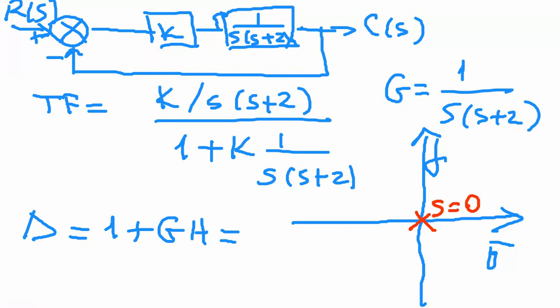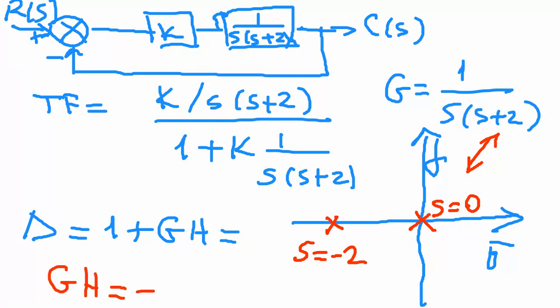The other one is located here, s equals minus 2. So it's coming from here, okay? So GH actually is going to be minus 1. That is the rule. The curve is going to be like this.